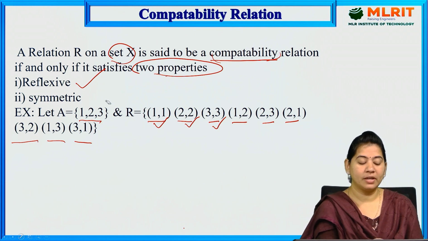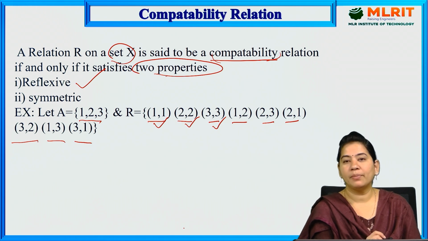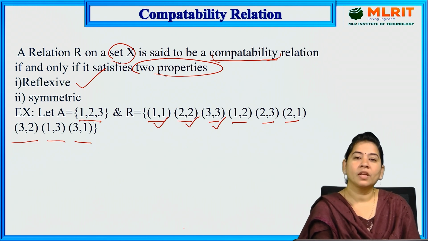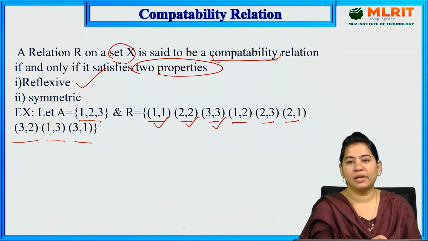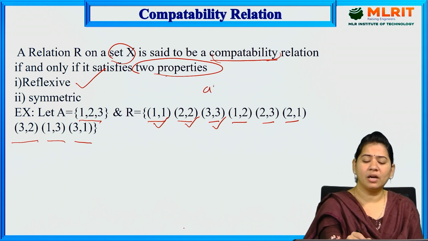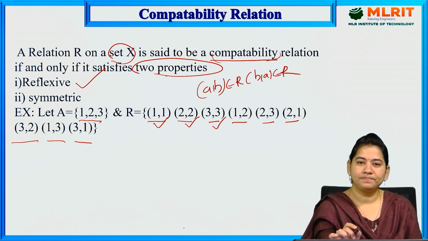Next, let us go for symmetric. What is meant by symmetric property? If (1,2) exists in the relation and (2,1) also exists in the relation, then we say it is symmetric. That is, if (A, B) exists then (B, A) should also exist in the relation.